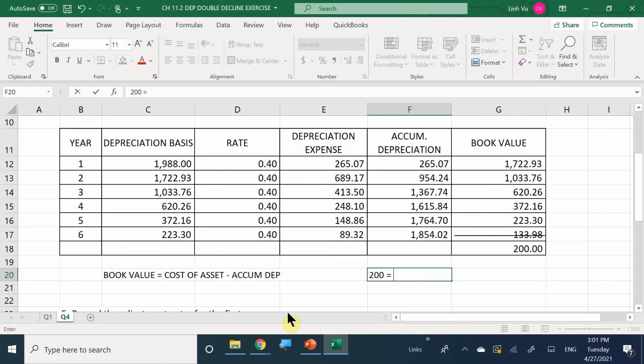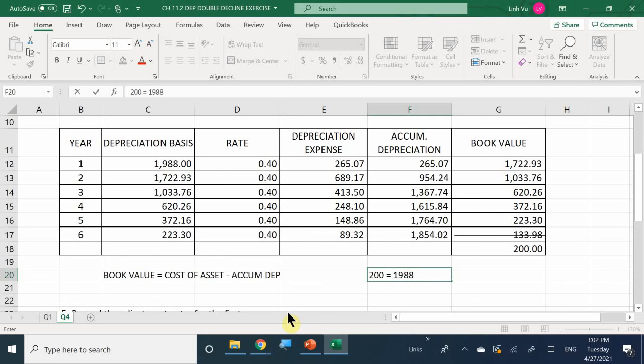All right, okay. Let's scratch out this whole entire row right here, as in this doesn't exist at all. So what numbers do you have? We know that our book value must equal 200. We also know what the cost of the asset is. What is the cost of the asset? 1988.